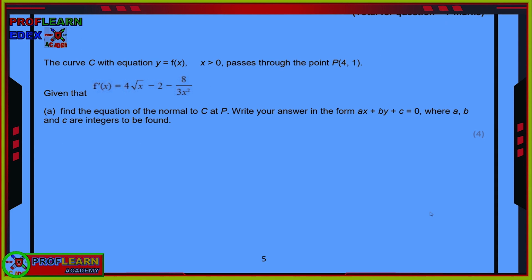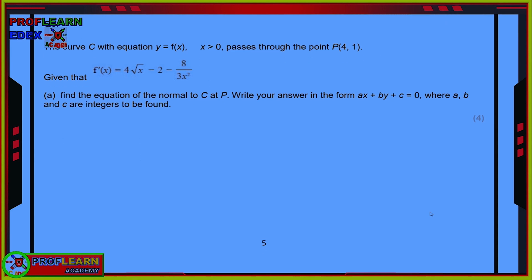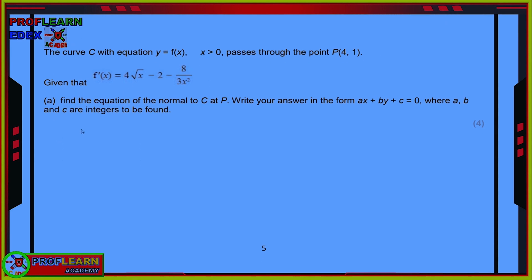We were given the gradient function f prime of x. Already it's differentiated. So for you to find the equation of the normal, first you need to find the gradient of the curve. To find the gradient of the curve, we were told the function y equals f of x passes through the point 4, 1. So the x coordinate there is 4. We are going to substitute it into the gradient function here.